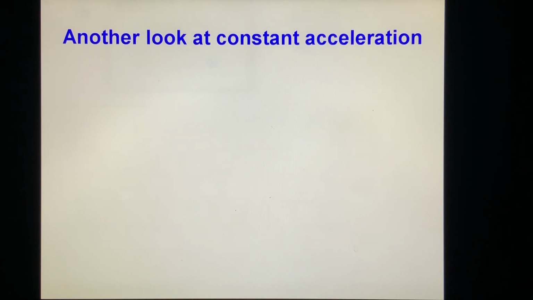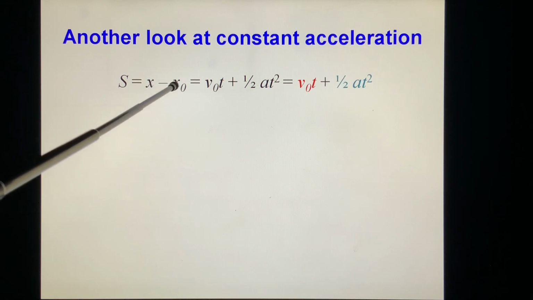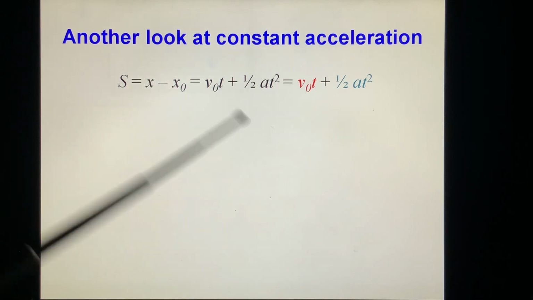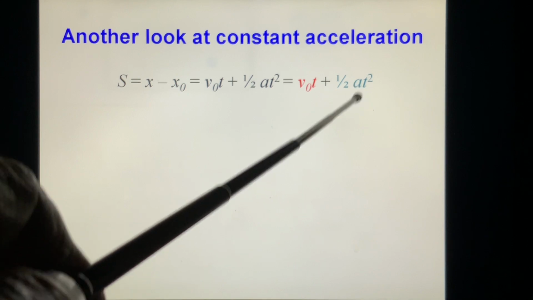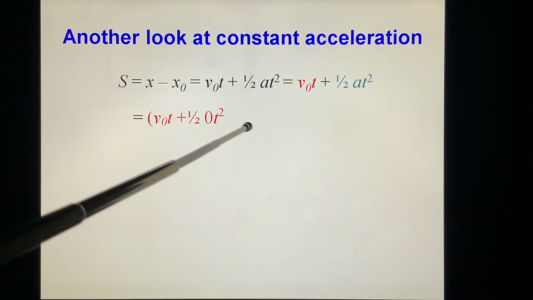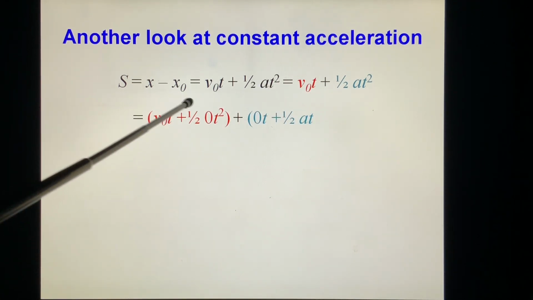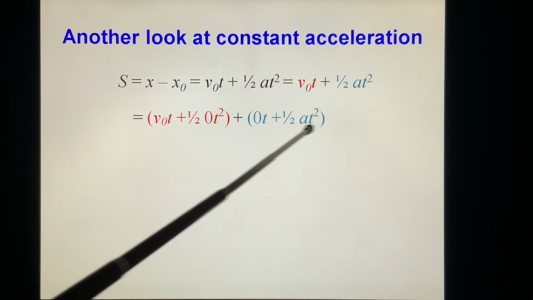Another look at constant acceleration. s equals x minus x0, displacement, equals v0 t plus half a t squared. We rewrite it in two terms. One is v0 t, another is half a t squared. We can look at it as two movements. One is v0 t plus half 0 t squared. One is 0 t plus half a t squared. What does this mean?